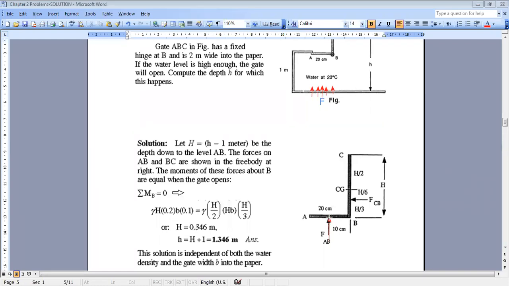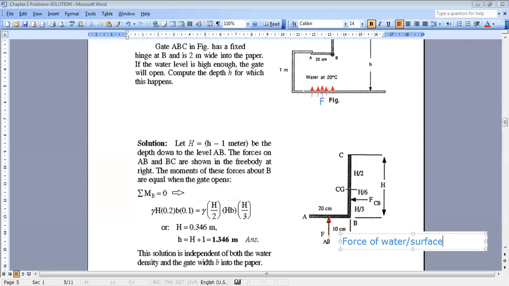In order to do the analysis for the force acting from this side, how to think? This is the question. I want to find what is FAB. And in order to find the value of FAB, I should know what FAB is. FAB is the force of water on the surface.